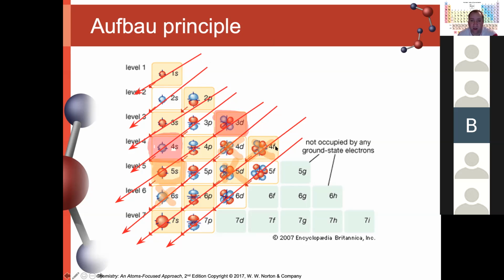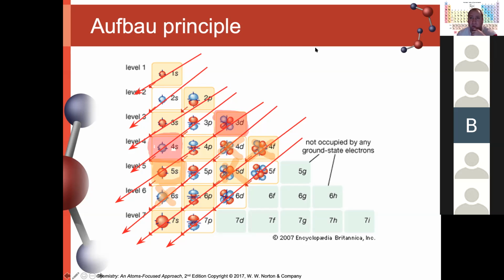In fact, we don't actually see the 4f until after the 6s has already been filled, and we don't see the 5f used until after the 7s is filled. And so the Aufbau principle just gives us that information. It says, okay, this is reality. This is how they fill up in order.